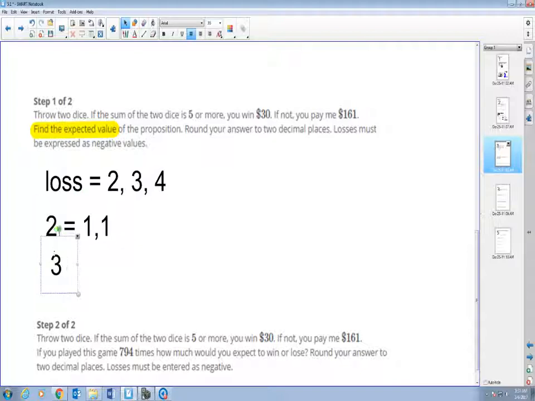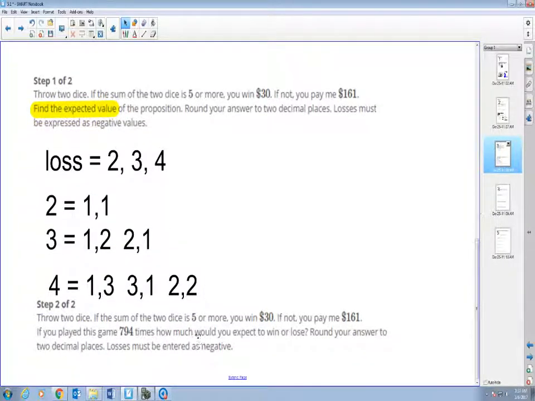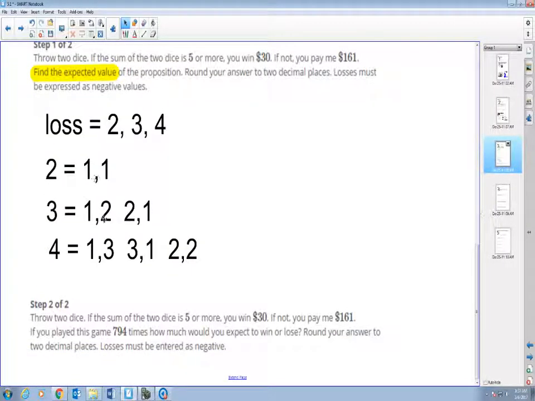The sum of 3 is 1, 2 and 2, 1. The sum of 4, you count 1, 3, 3, 1, and 2, 2. So that means I have 1, 2, 3, 4, 5, 6.